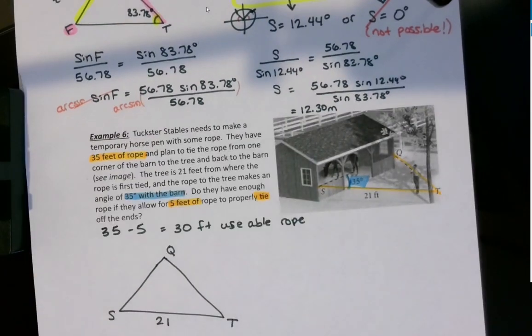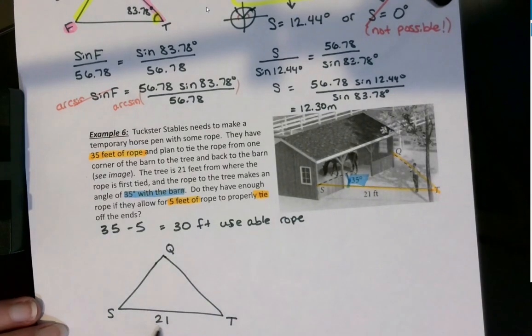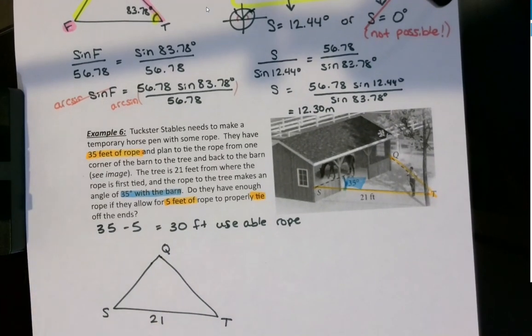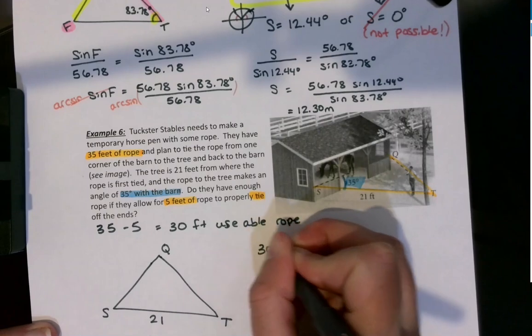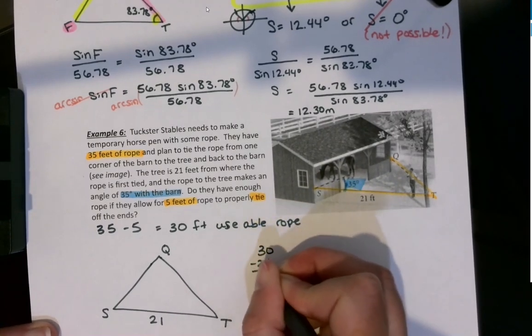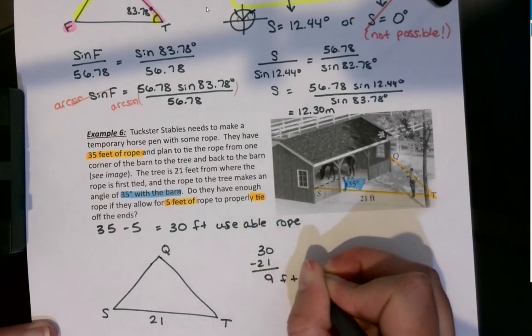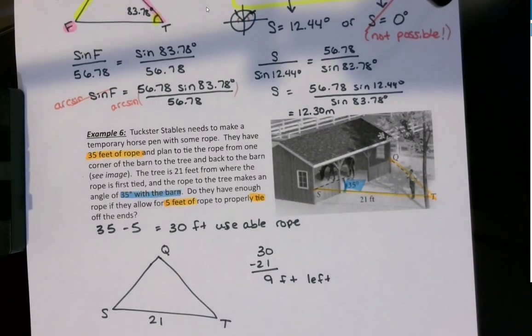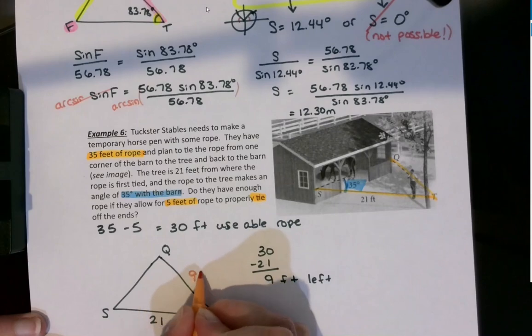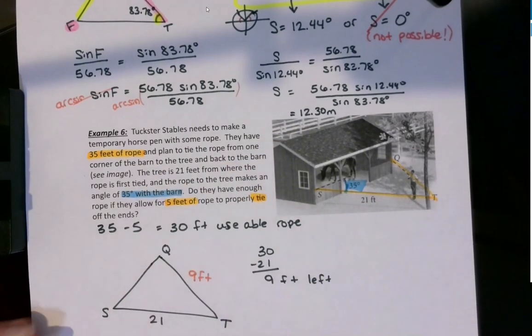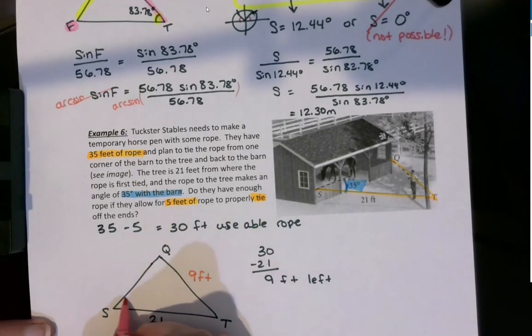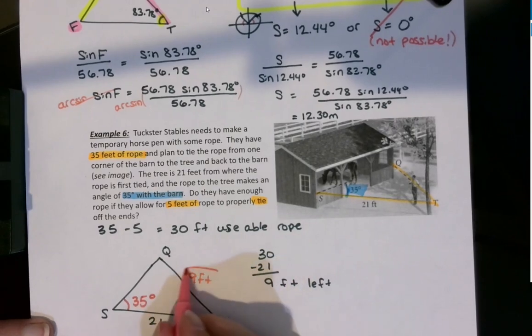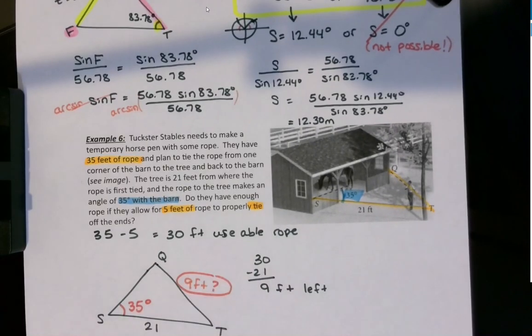Since there are 30 feet of usable rope, if 21 feet have already been used, there are 9 feet left. So we're asking, is it possible that we can complete this triangle with only 9 feet of rope, given that we can measure this angle here as 35 degrees? So is this possible?